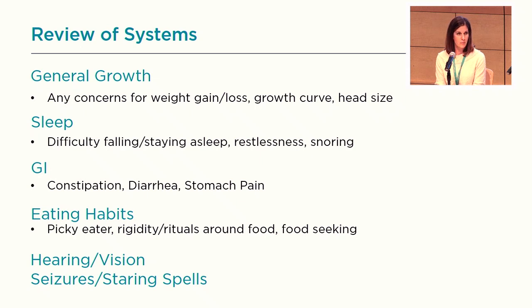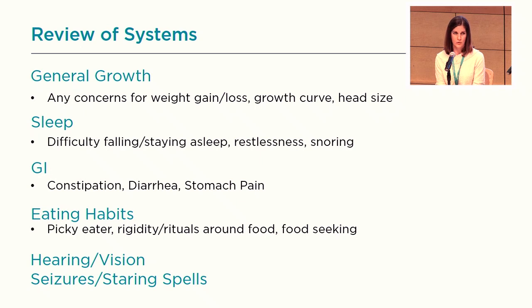We then ask about GI complaints. Constipation is very common in all children, certainly common in children with autism as well. We ask about diarrhea or stomach pain. We often spend a lot of time talking about eating habits. It's common for children to be very picky eaters or have very specific rigidity or rituals around food.